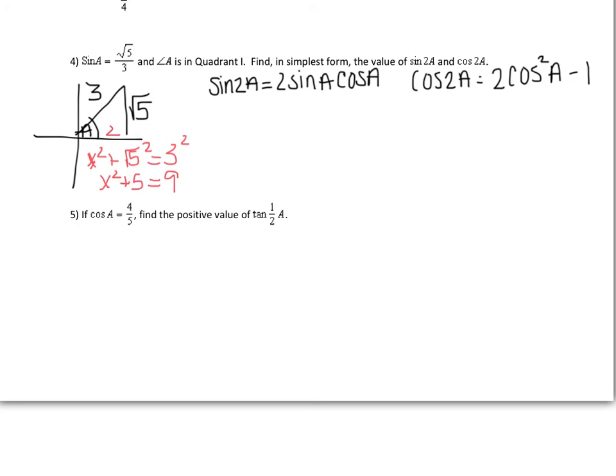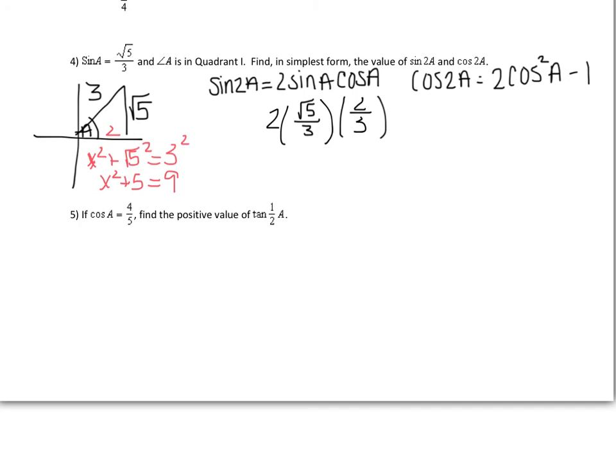So now let's plug in what we know. We have 2 times sine of A, which again was given, so radical 5 over 3. Cosine of A: well, what do I know about cosine in quadrant 1? It's positive, so I don't have to worry about the negative. And cosine would be adjacent over hypotenuse, so that would be 2 over 3. Now the directions say to find it in simplest form, so we can't put the radical in the calculator and expect to get a radical out.